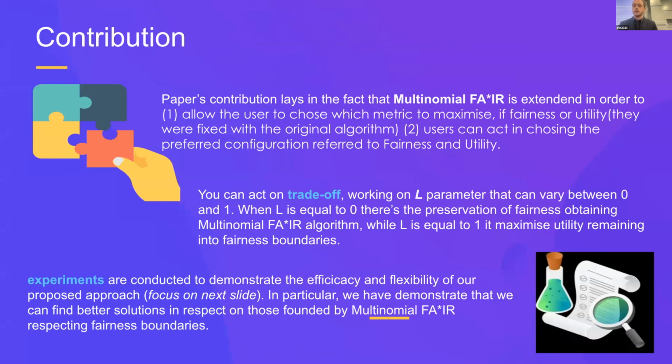You can act on the trade-off by working on the L parameter, which can vary between 0 and 1. When L is equal to 0, there's the preservation of fairness, obtaining the multinomial FAIR algorithm. While when L is equal to 1, it maximizes utility, remaining within fairness boundaries.